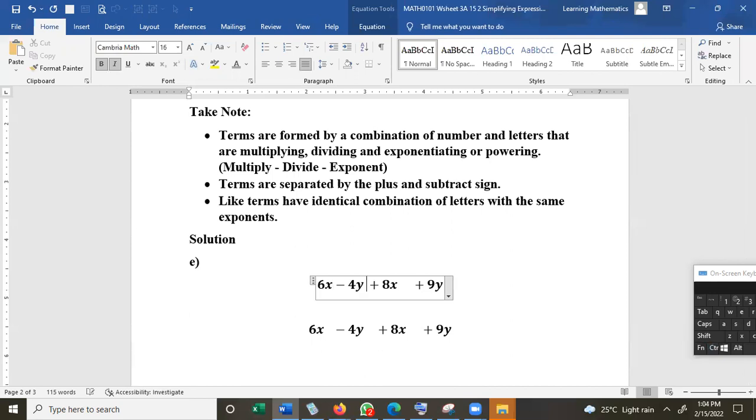Now the ones that I like is the ones with identical combination of letters and exponents. So the coefficient, meaning the number in front of the letter, doesn't matter.